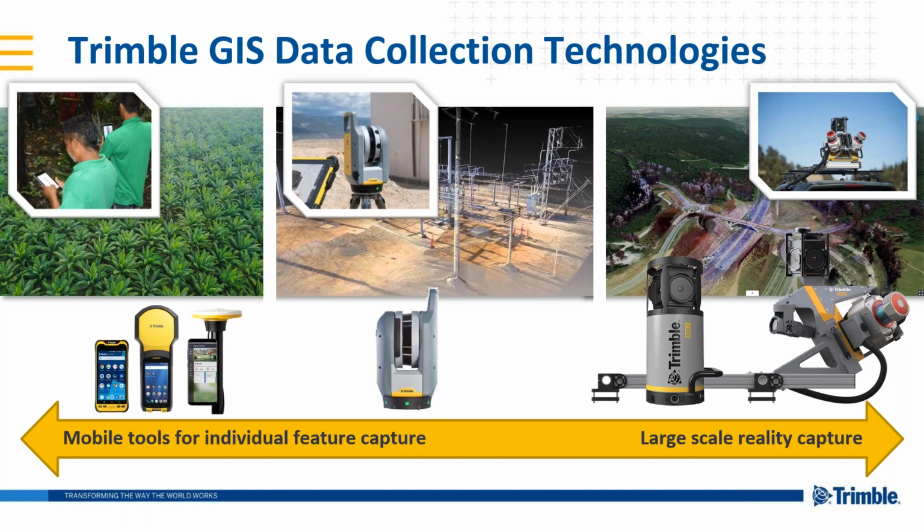But they're technologies that are very applicable in a GIS sense as well. And they're very, very efficient at capturing a lot of information very quickly. And then through the processing software, we have the ability to automatically extract features to populate a GIS database. So there's a whole range of technologies that are available.